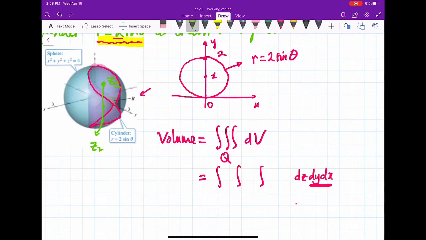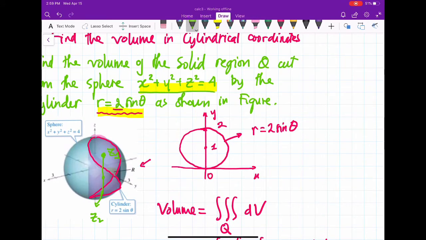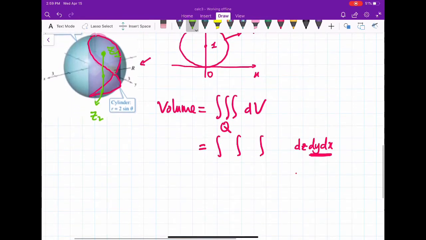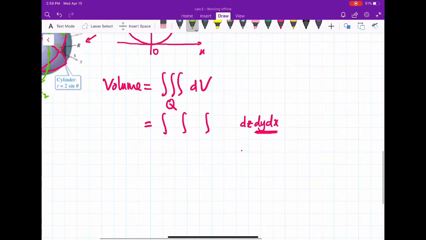How to find that? We can find that in the equation of the sphere, right? Because that straight line intersects with the sphere at 2 points. So I need to solve for z. From the equation of the sphere, I have z squared equal to 4 minus x squared minus y squared.